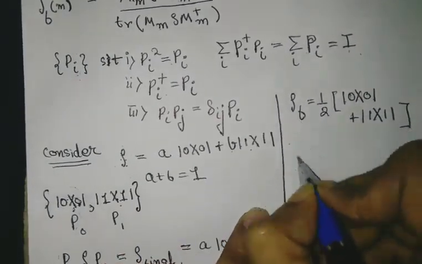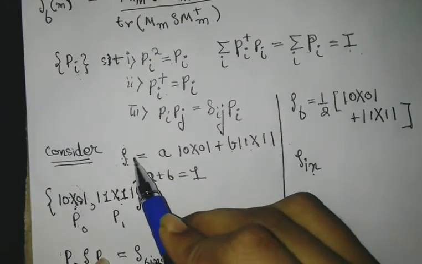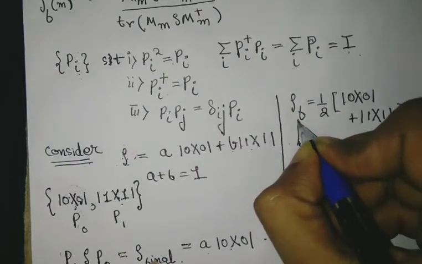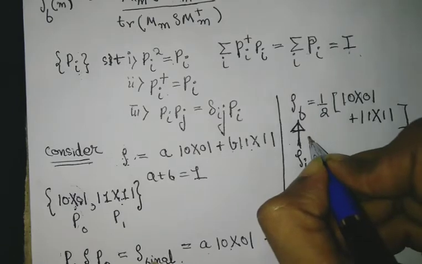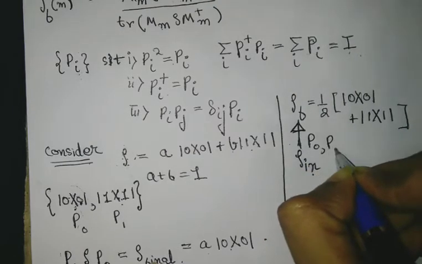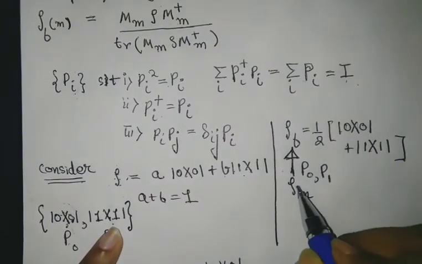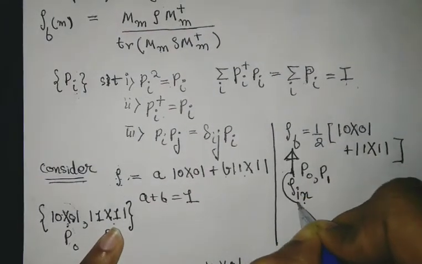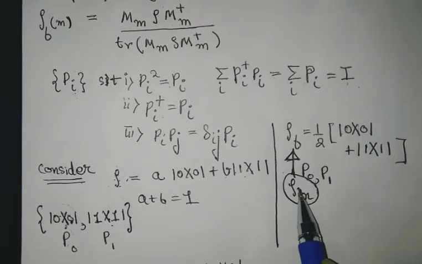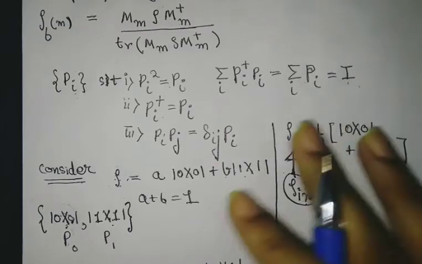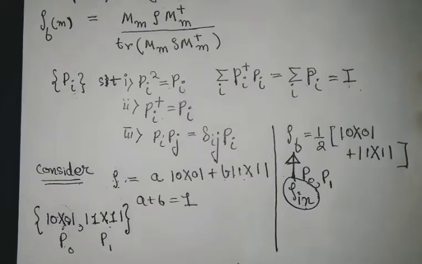So given rho initial of this form, you can subject it to a measurement procedure comprising P0 and P1 operators. You don't have a single rho, because it would finally give only one outcome. If you have a set of rhos, you continuously measure them, then you get zeros and ones, and then you randomly collect those.